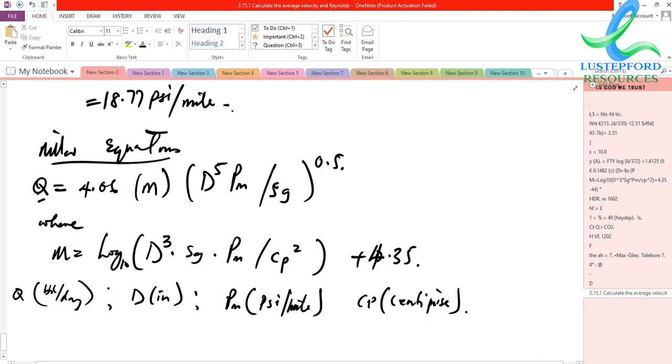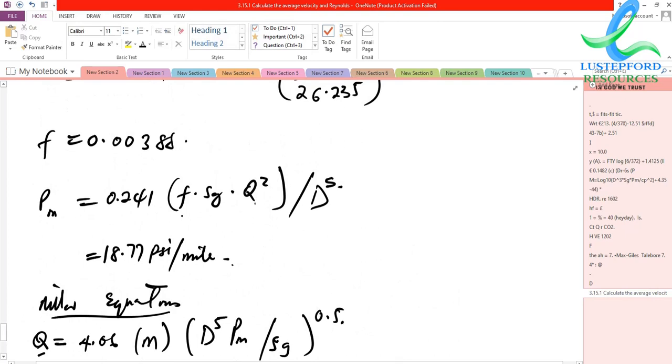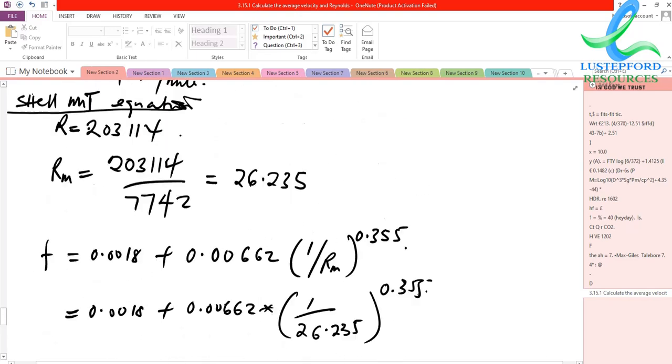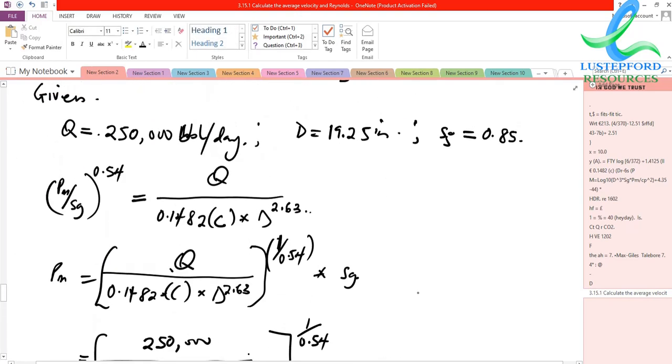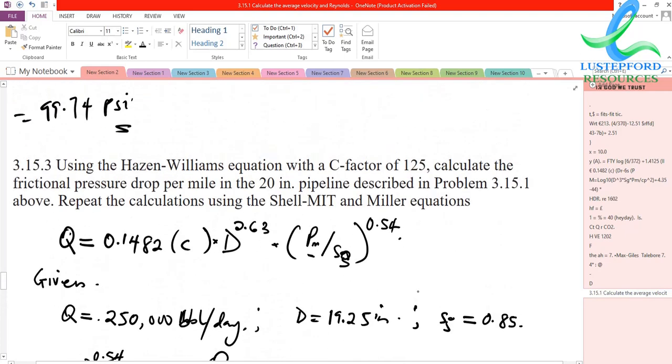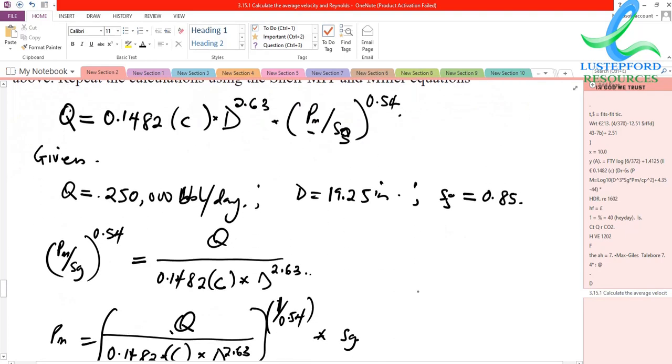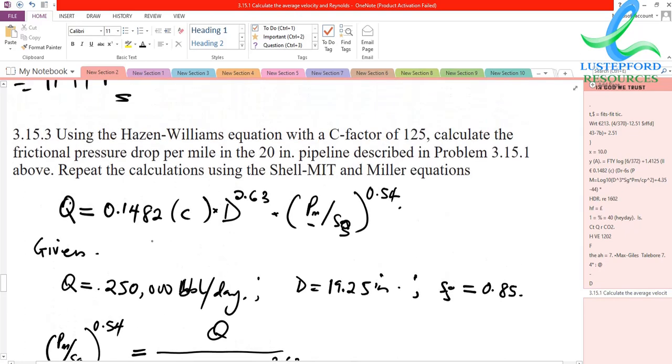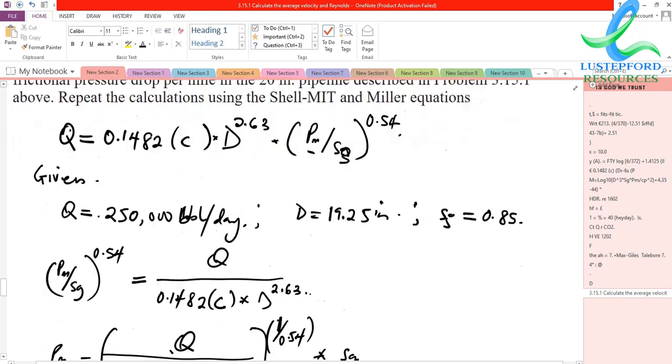Now it's similar to this. This one is also barrel per day. The D is in inches. I've also explained that this one is also the flow rate.